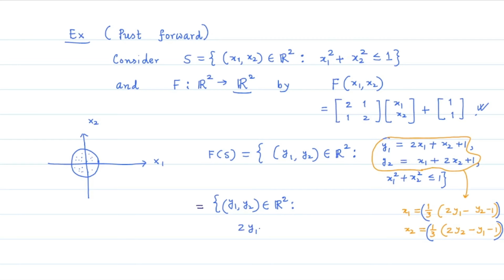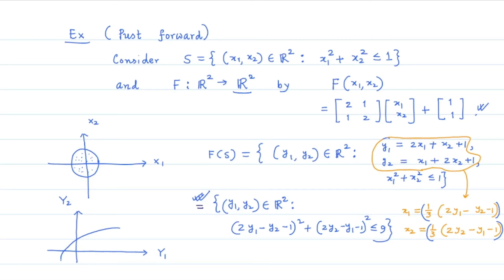That is, we have (2y1 minus y2 minus 1) squared plus (2y2 minus y1 minus 1) squared less than or equal to 9. You can figure out that it is given by an elliptical region whose boundary is an ellipse of this type, where the center of the ellipse is at the point (1, 1). Collection of all points inside this ellipse is the image of this circular region under the affine map capital F. We notice here that this image FS of the convex set S is again a convex set.